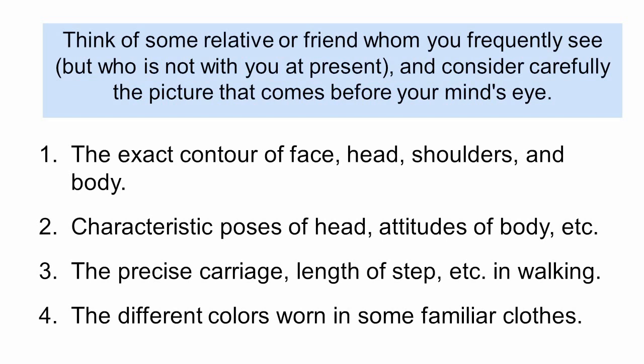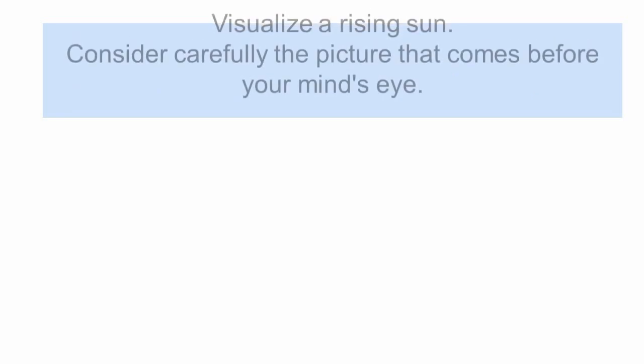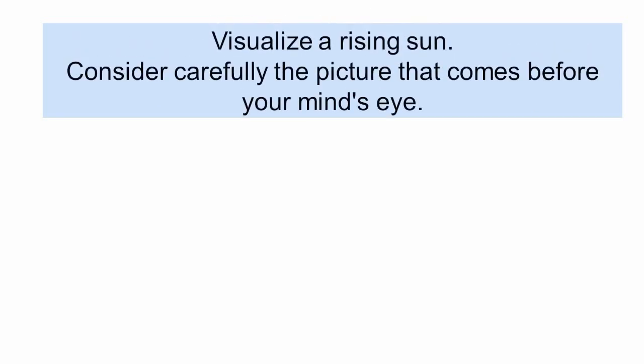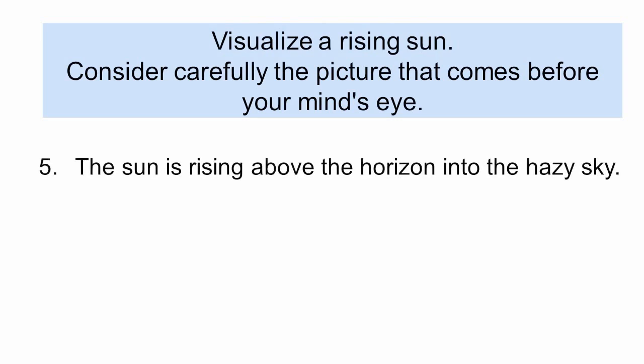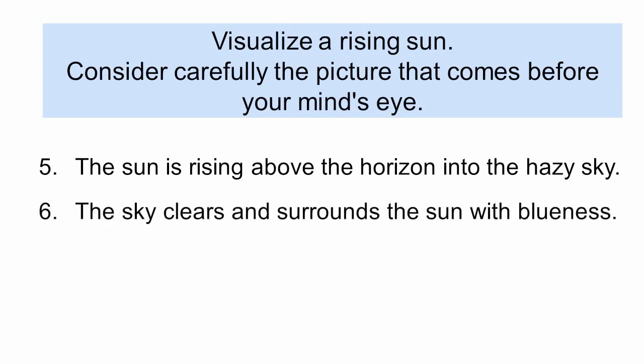Okay, so for the next 4, now I want you to try to imagine that you are seeing a rising sun. So number 5 is, you see the sun rising above the horizon into the hazy sky. Number 6, the sky clears and surrounds the sun with blueness.